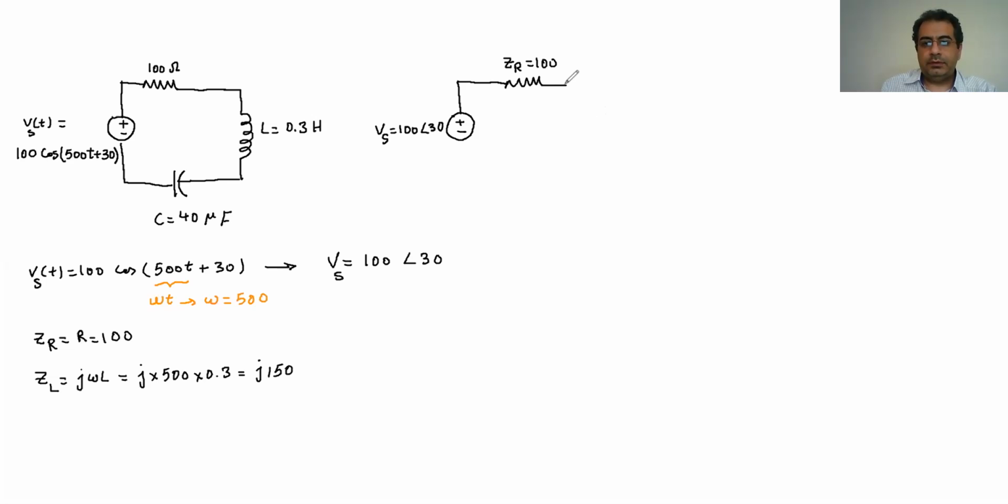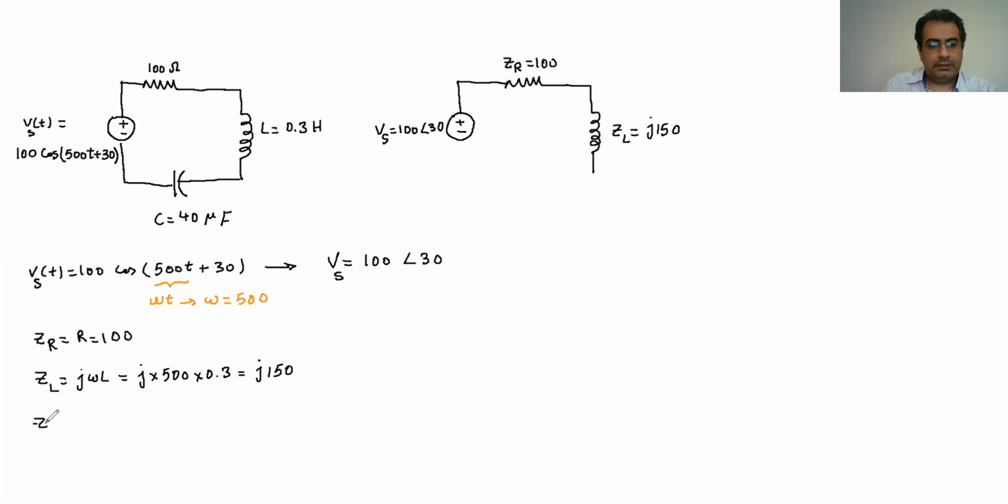So I will move ahead here, and then I have the inductance with the ZL going to be J150. And then I have to convert the capacitance also to impedance.